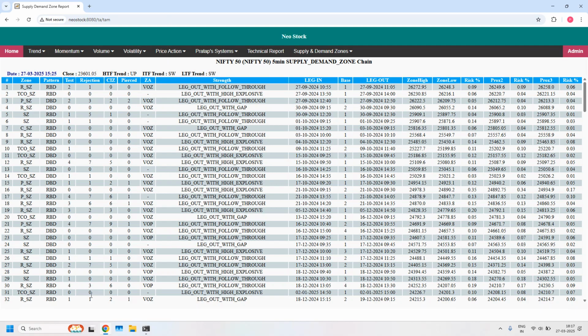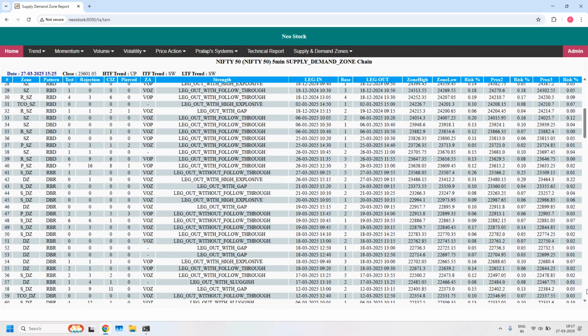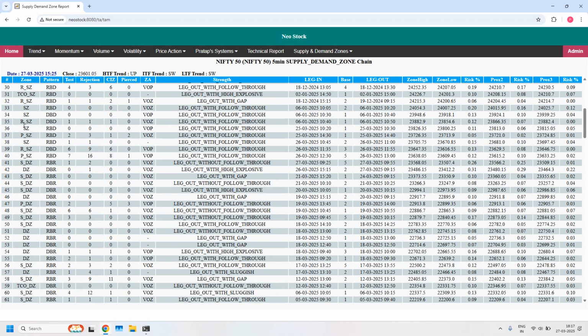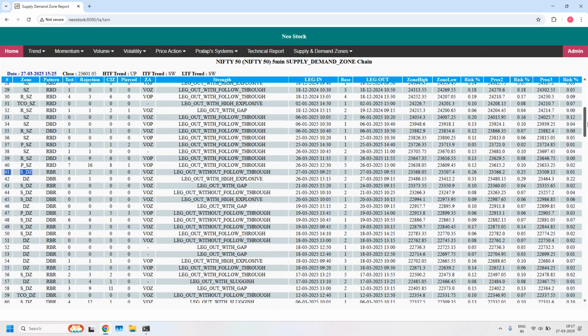All are supply zones, so I am scrolling the list down. Serial number 41 is the nearest demand zone to the current closing price. Let me adjust it in the center.